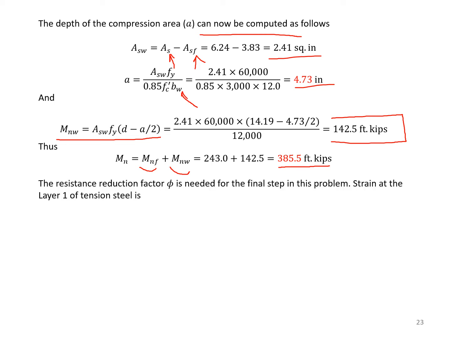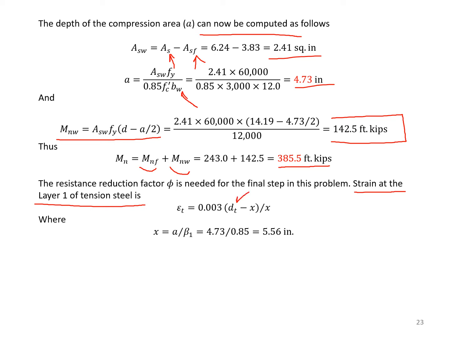The resistance reduction factor phi is now needed as a final step. Let's look at the strain at the layer 1 of tension steel. Now for that we use dt. And we also need x for that. So x is a divided by beta 1. 4.73 divided by 0.85, so it's 5.56.